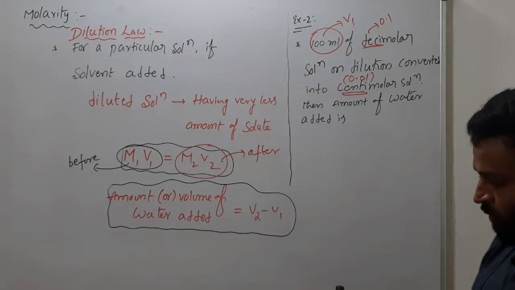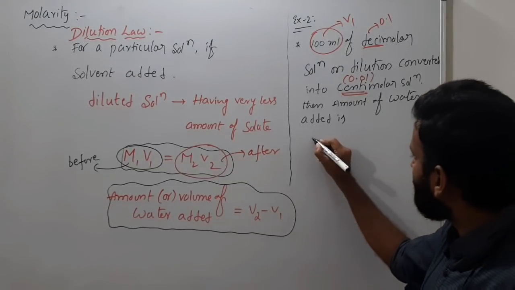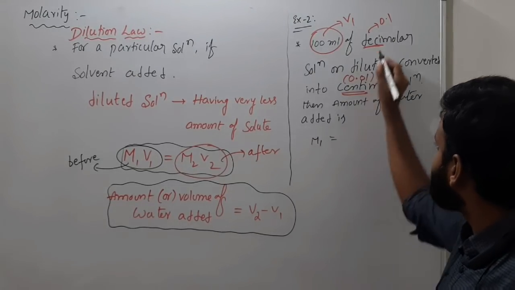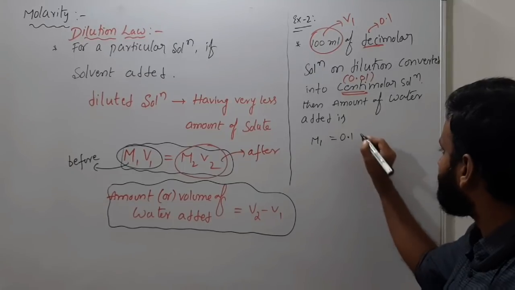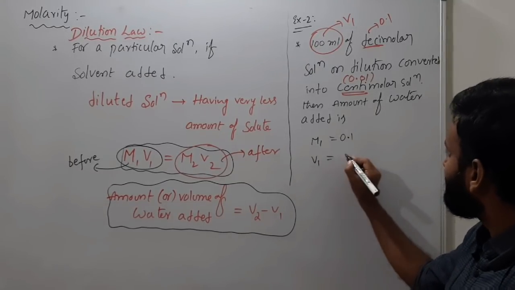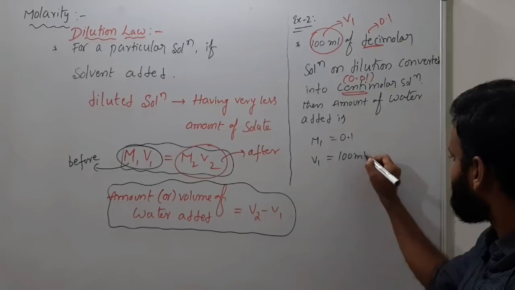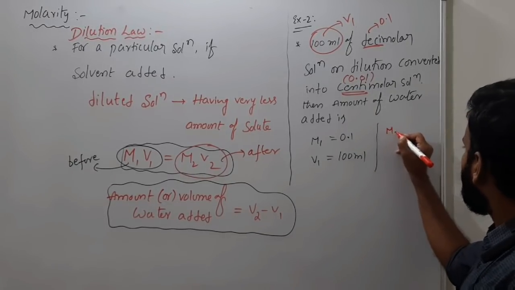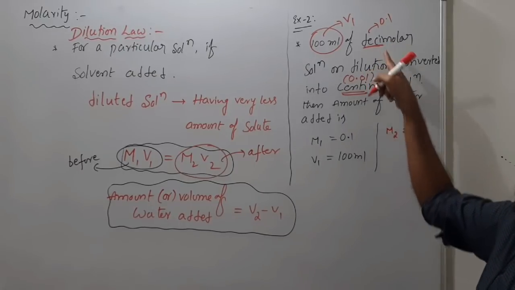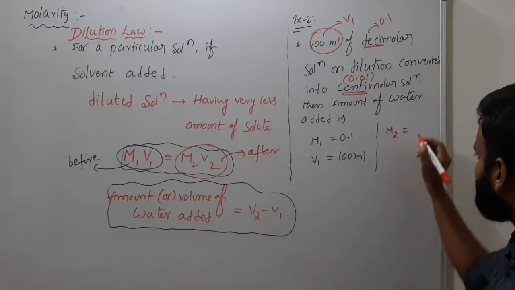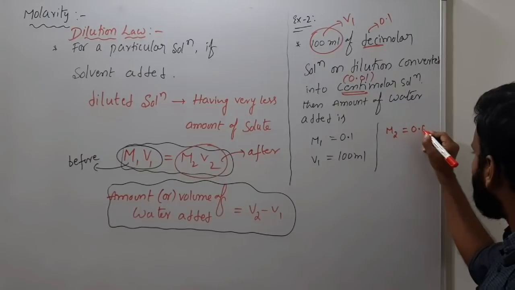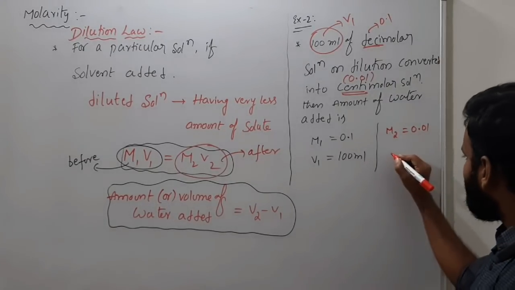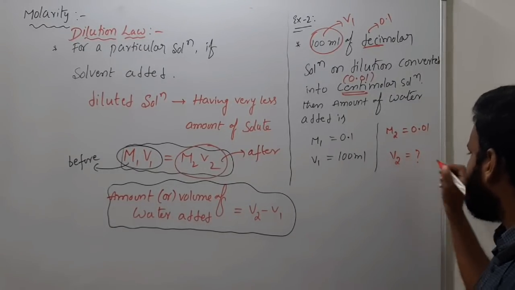So M1 I know: decimolar, that is 0.1 M. V1 is 100 ml. And how do I know M2? Decimolar converted to centimolar, that means M2 is 0.01, and V2 I don't know.